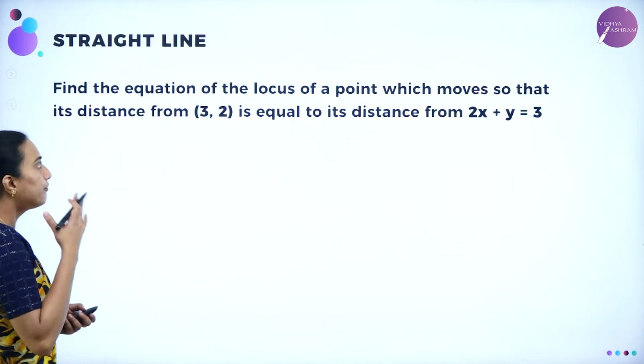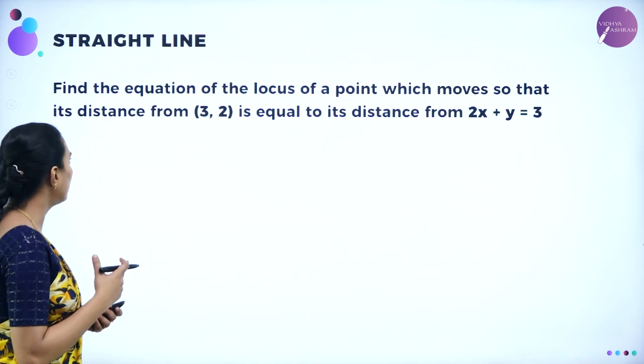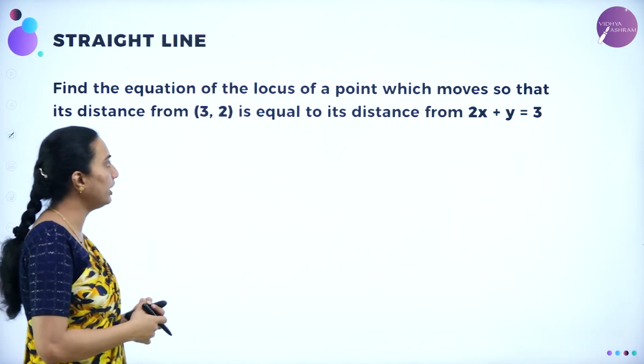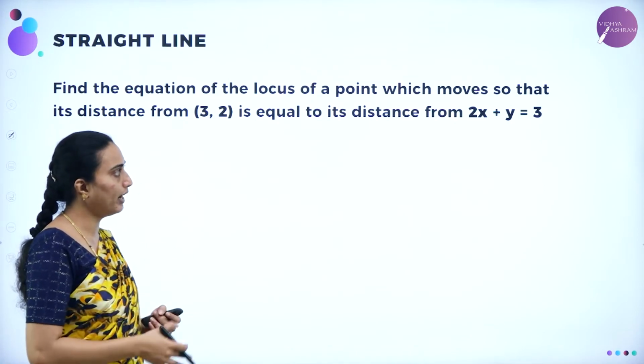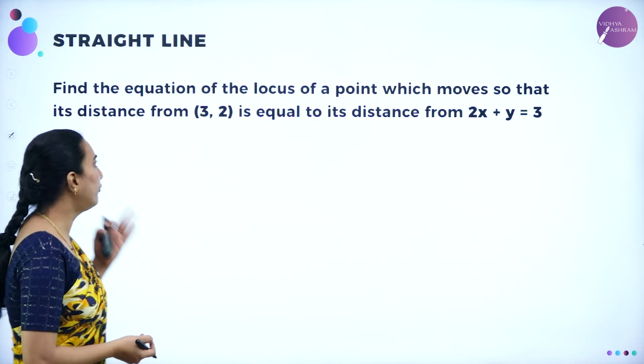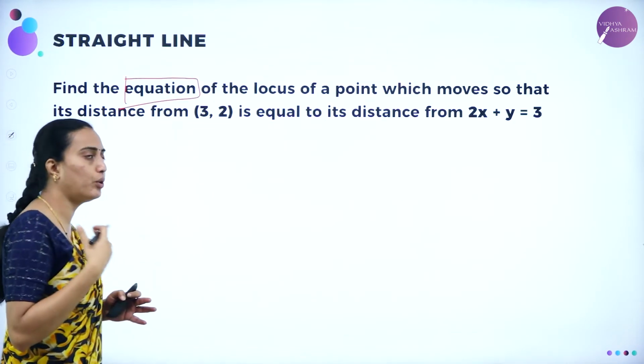What they've asked: find the equation of the locus of a point which moves so that its distance from the point 3 comma 2 is equal to its distance from the line 2x plus y equal to 3. So they have asked to find the equation of the locus of a point. We don't know the point.